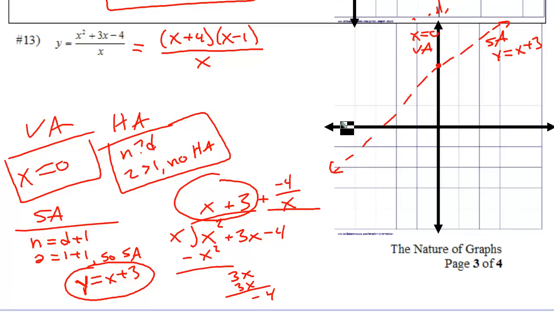What does your curve look like? Here's what it could look like. Curve could be like this and this, or you could have something weird happening down in this region, like so. Some combination of those.